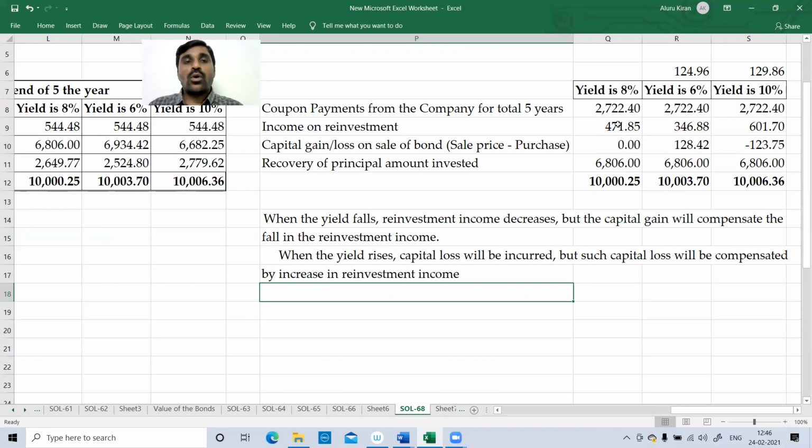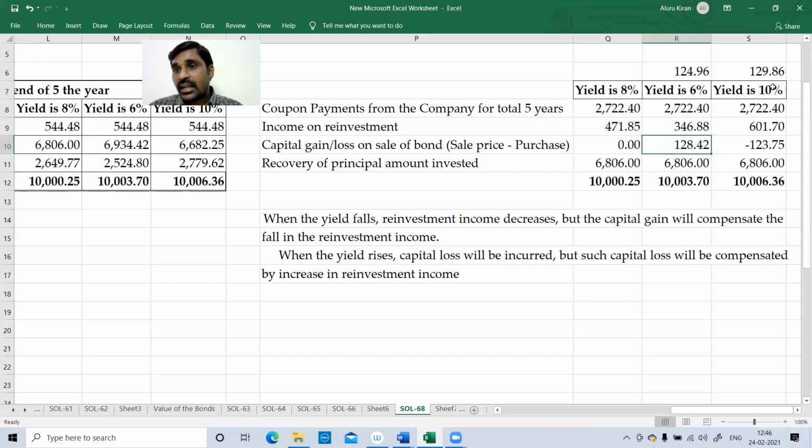Most students don't know how the reinvestment works. They simply calculate the yield, etc. But this is how the reinvestment works. When the yield is falling from 8% to 6%, my reinvestment income is falling, which is compensated by the capital gain. When the yield is rising, I'll get a capital loss on the bond. That capital loss is compensated by an increase in the reinvestment income.